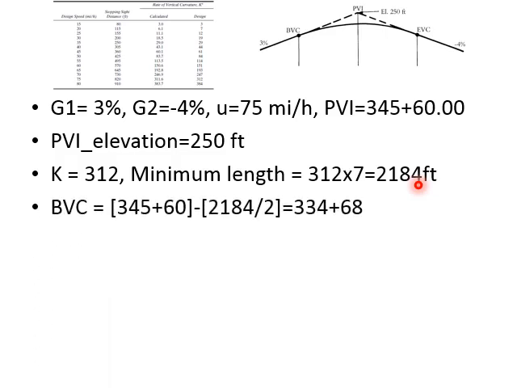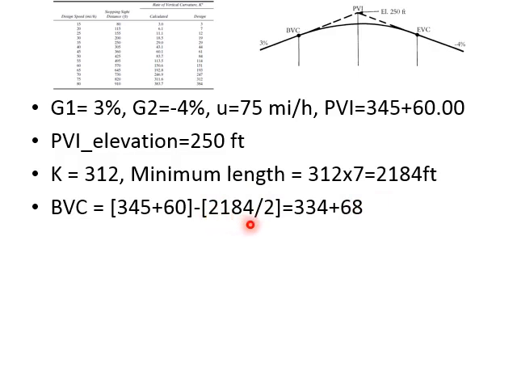Then I'll calculate the stationing of BVC. The stationing of PVI is given, 345 plus 60. Then I will subtract half of the length. So length is 2184, you subtract half of it.